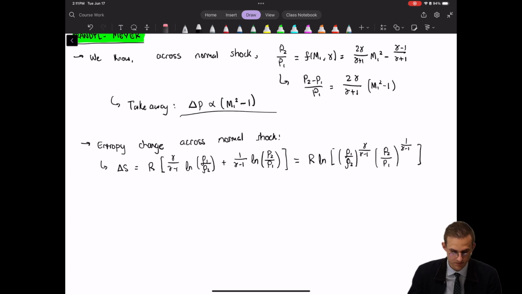Okay, just using some logarithmic rules. Now we know that those two quotients are just a function of M1 and gamma.